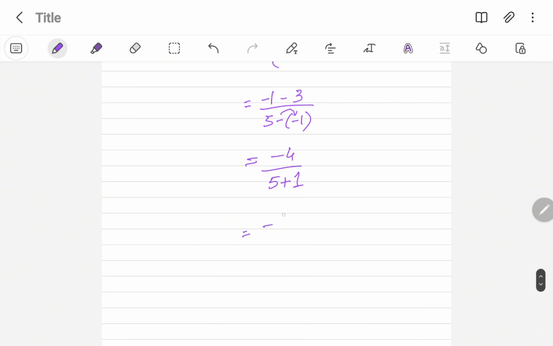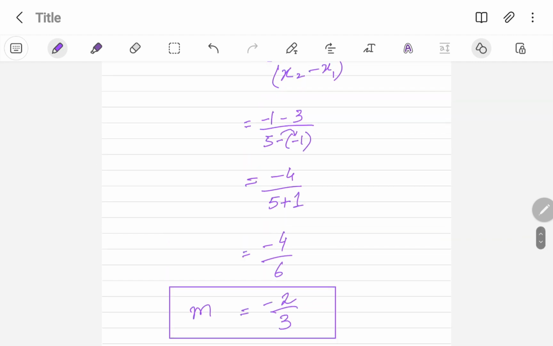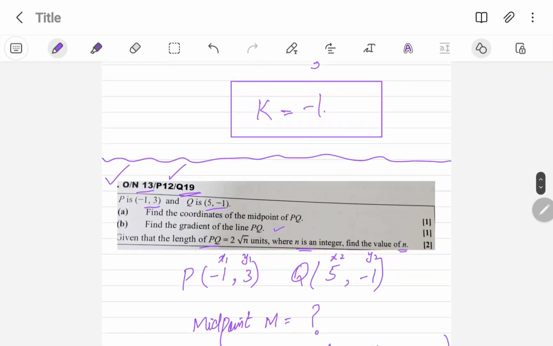Now it has the values minus 4 and 6. After simplification, it is minus 2 over 3. It is the required gradient of line PQ. Now we are going to find out its further part.